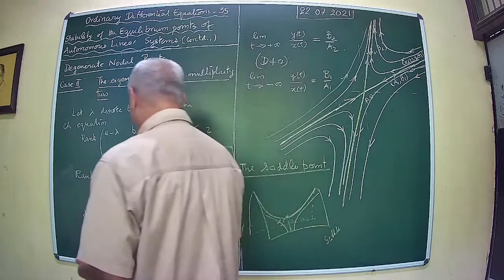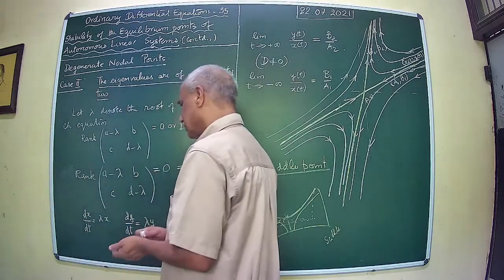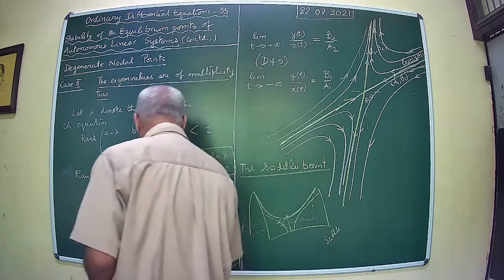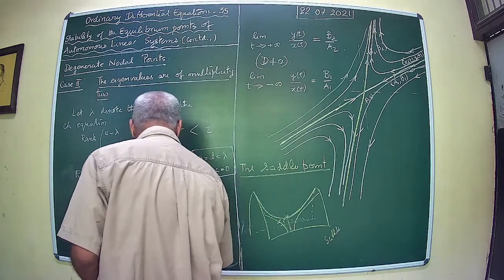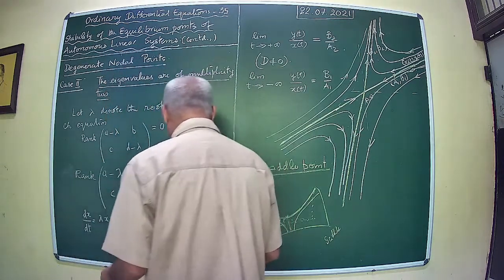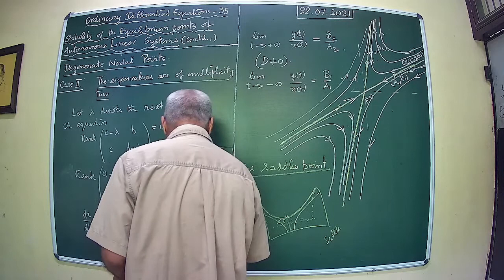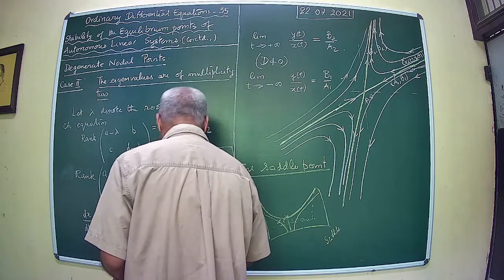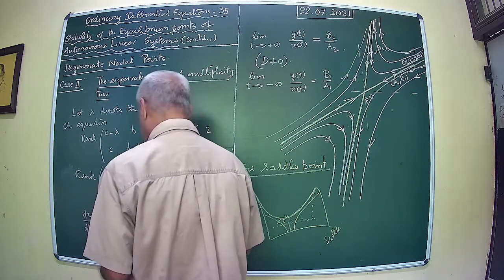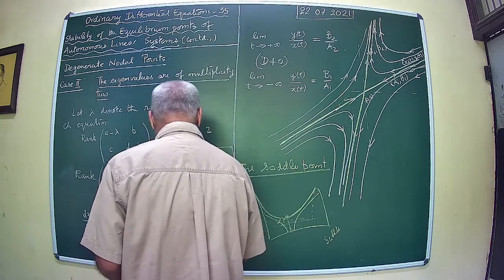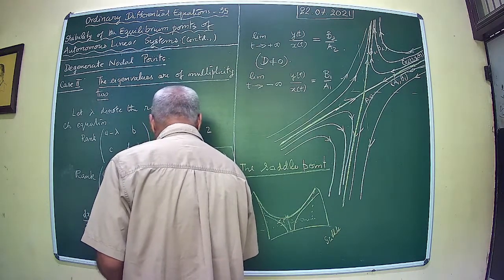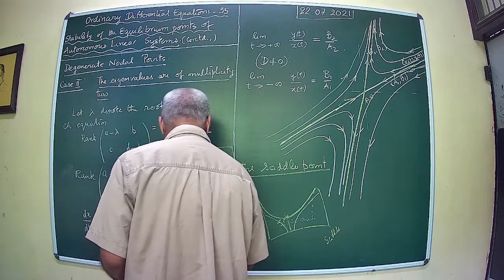What are the solutions of this? Because they separate, you can integrate it. x(t) is equal to c times e to the power lambda t, and y(t) equal to d times e to the power lambda t.